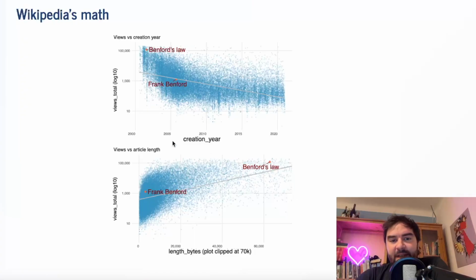Here you see the log of the total views versus creation year. Of course, it makes sense that if an article is older, it had more chance to be viewed more often, and you see this trend in this graph. I have pointed out where our example, the Benford's Law and Frank Benford pages, are.